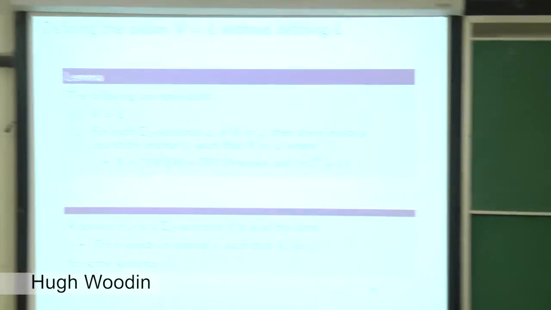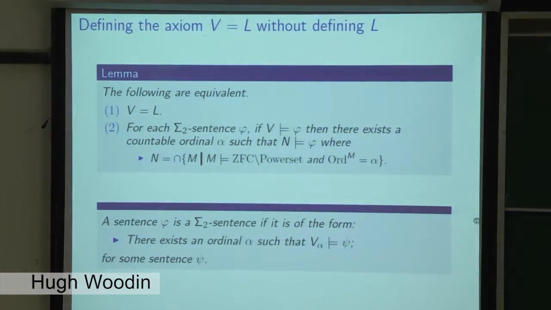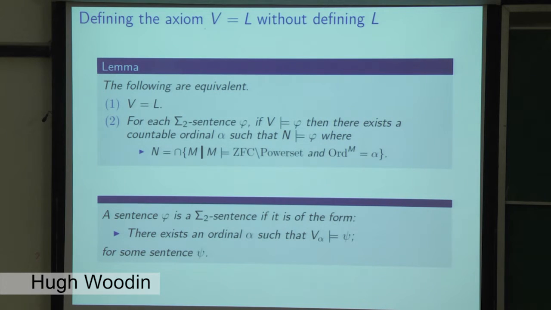Okay, so I want to talk about formulating the axiom V is Ultimate L. And I want to use this. Just remember, you can formulate V equals L without defining L. You just say, for every Sigma_2 sentence, if it's true in V, then you can reflect it into a minimal model.